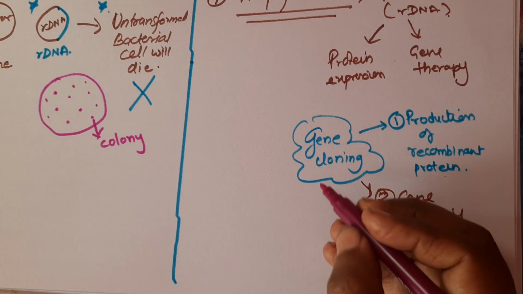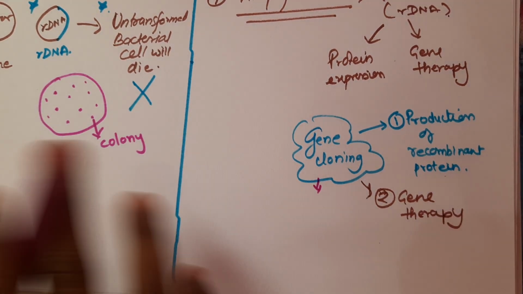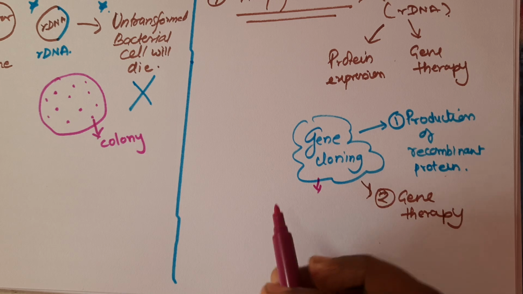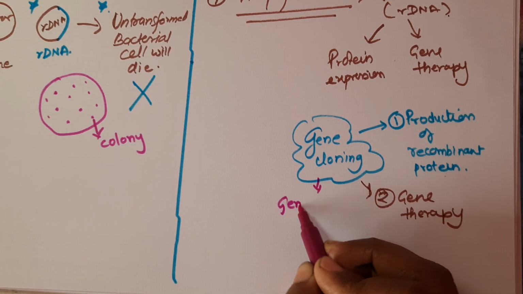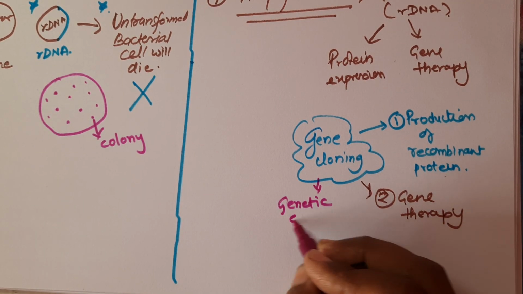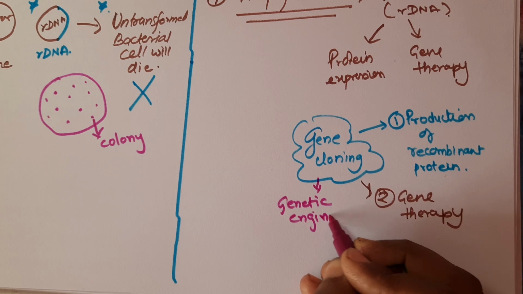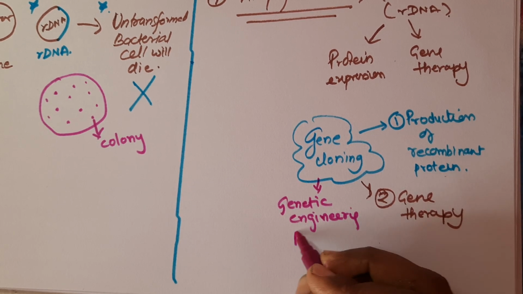The third one we already discussed in the video: we can use gene cloning for genetic engineering of plants and animals.